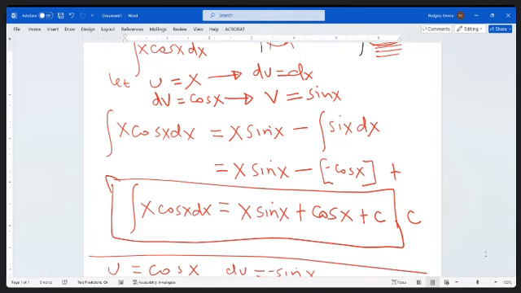We can have another example and see if it is making sense to us. Okay, let's try out this.